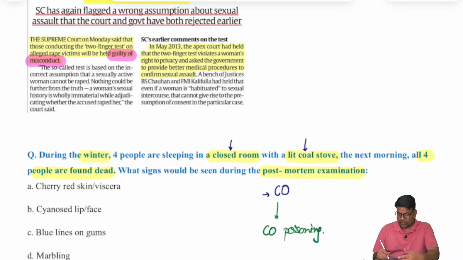That is the cause of death of the people over there. And here, we'll find an anemic type of hypoxia. Coming back to the forensic aspect, if there is carbon monoxide poisoning, what kind of hypostasis would you see? This is cherry red skin or cherry red viscera.